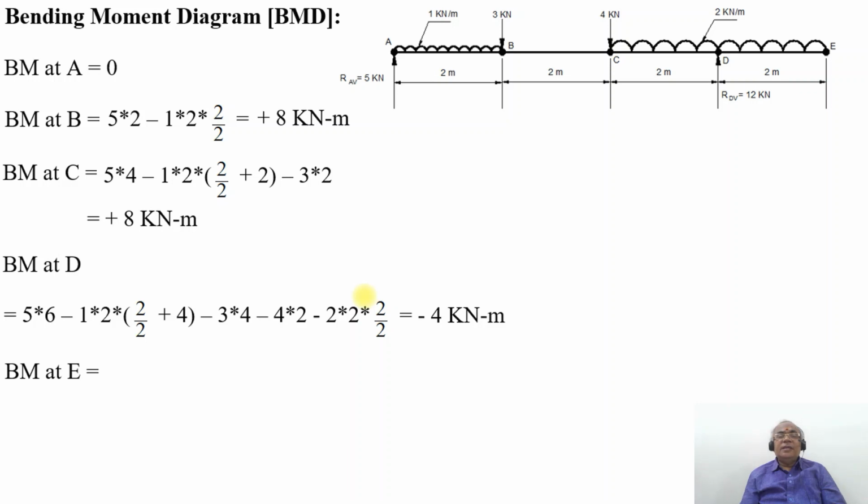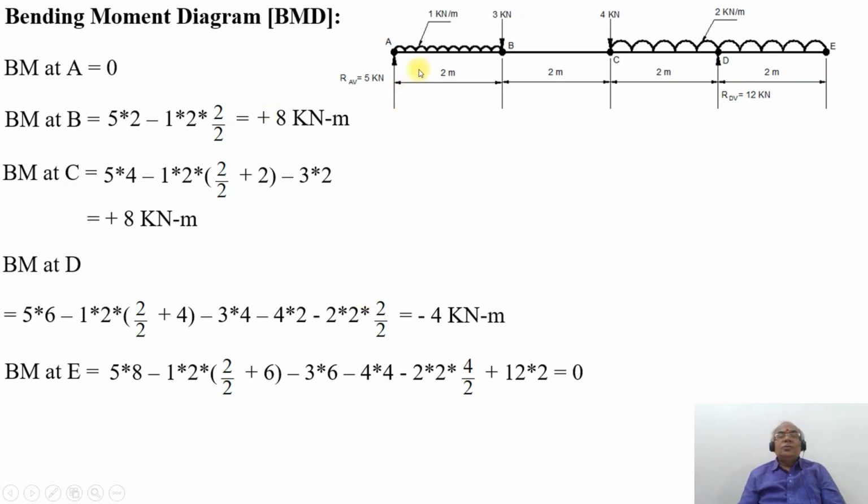Then BM at E will be equal to plus 5 into 8 minus 1 into 2 by 2 plus 6, minus 3 into 6, minus 4 into 4, then minus 2 into 4 by 2 minus 2 into 4 by 2 plus 12 into 2, which will be equal to 0.